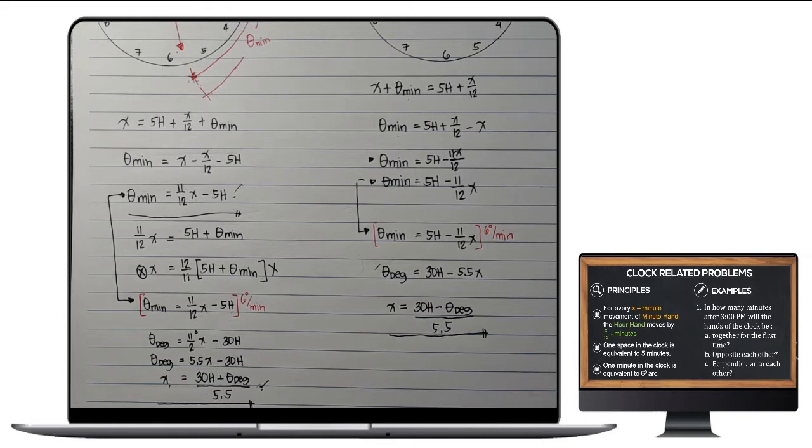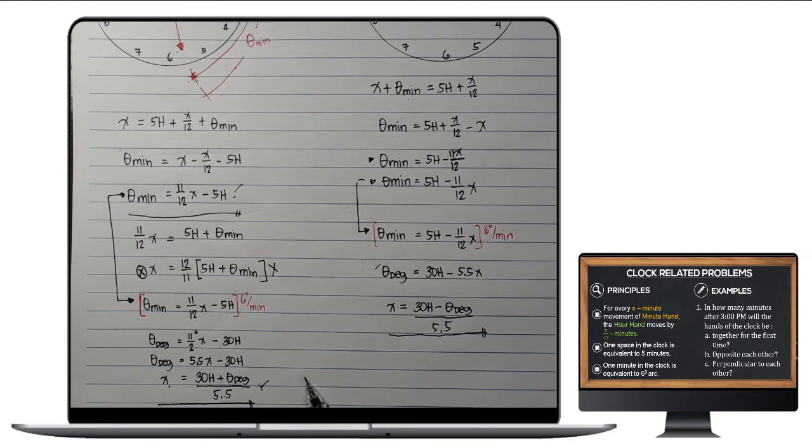Pag nagkamali ka ng sketch, may tendency na mali yung makukuha mong sagot, or mali yung time na makukuha natin. That might happen. Okay? Pero, these equations na dinerive natin, if we use them properly, will be foolproof. Ibig sabihin, laging tatama.